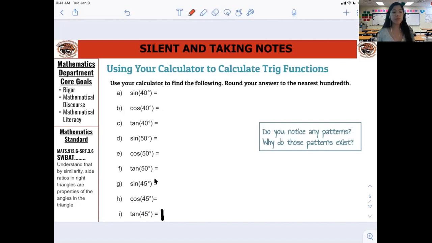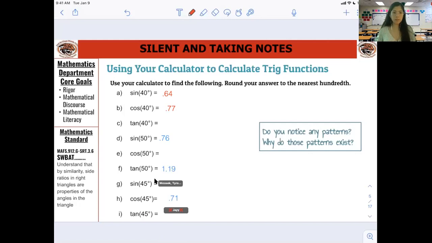All right, go ahead and put your answers in. Why do I only see one answer? I've given you plenty of time. Okay, good. 0.64. Okay, good.